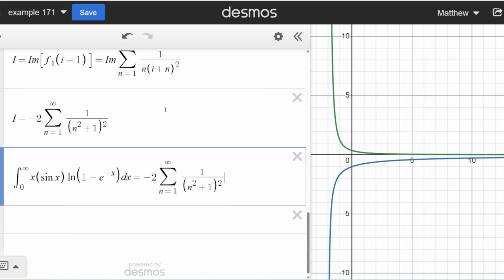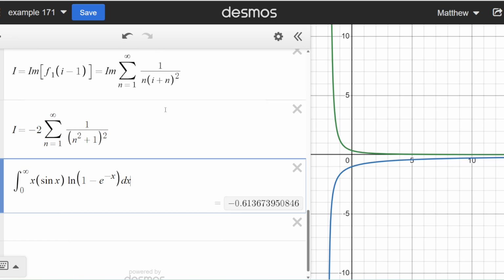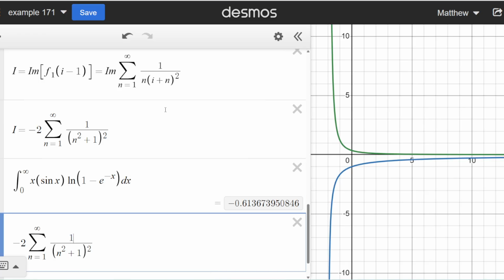Let's see how many terms it takes us to get within 1/10,000. All right, 10. Oh gosh, we're almost there. 14, 15, 16, 17, 18, 19, 20.